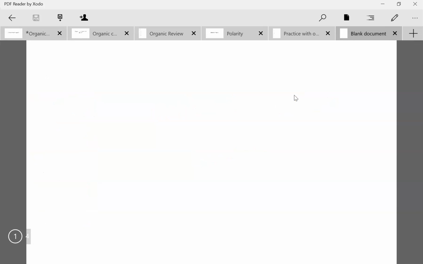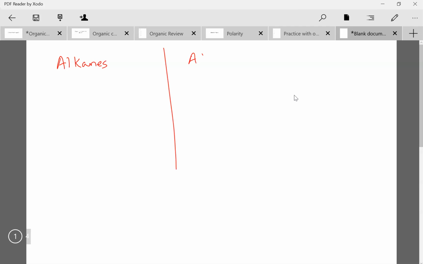So let's first talk about the 3 non-functional group classes. Alkanes, alkenes, and alkynes.